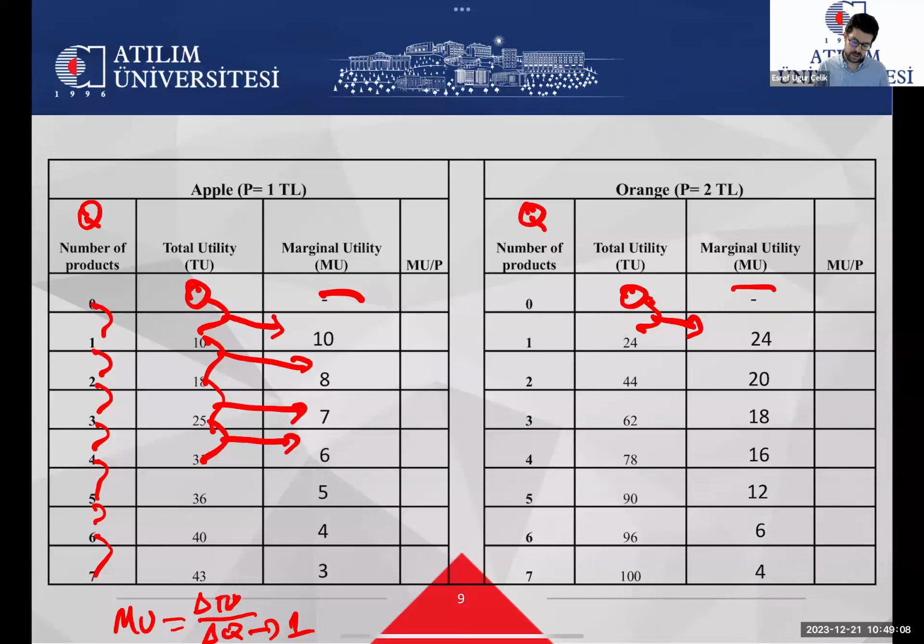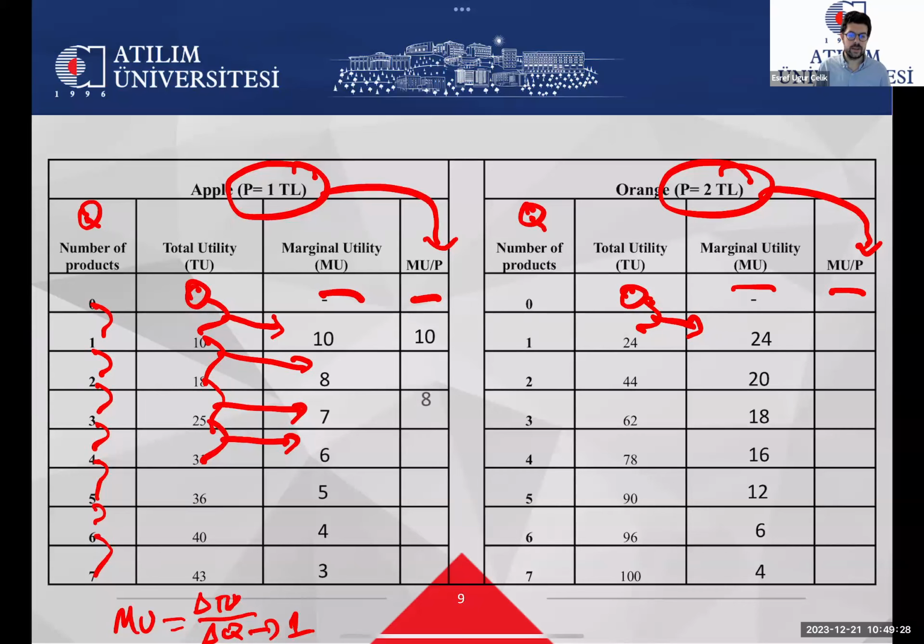And the last column, you find the marginal utility per price. Let's divide by the price. The price is 1 for apple and 2 for orange. Again, there is no marginal utility per price for the zero level. So 10 to 1, 10. 8 to 1, 8. It's going to go like that.